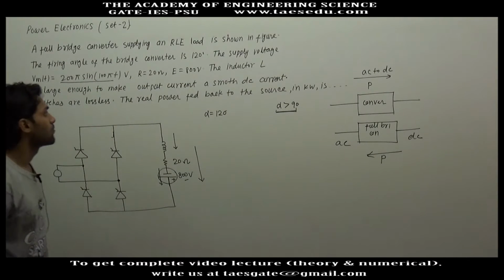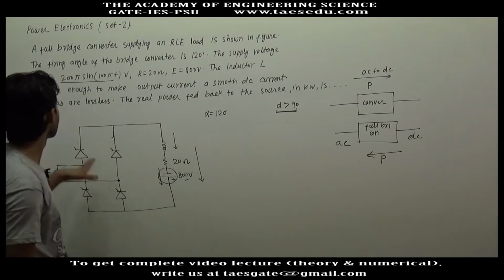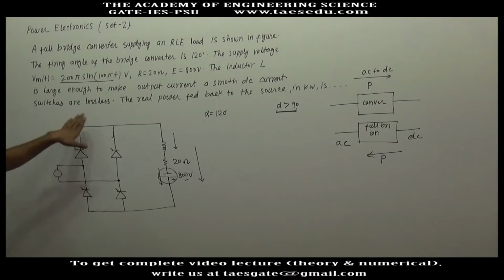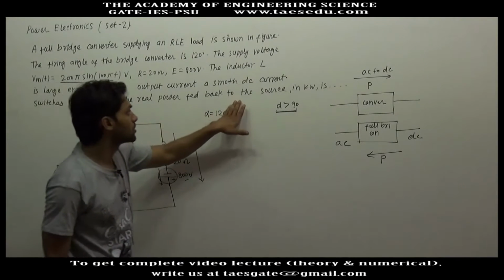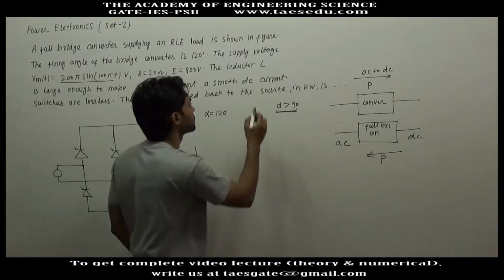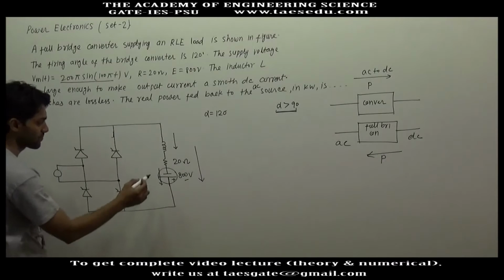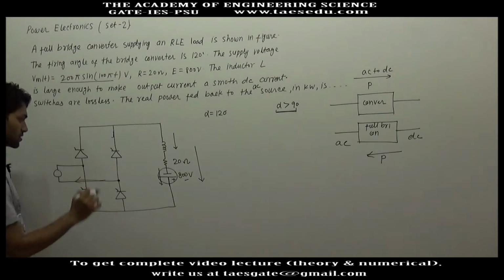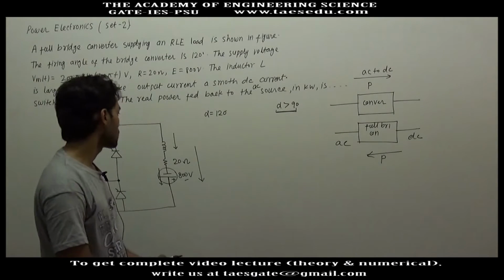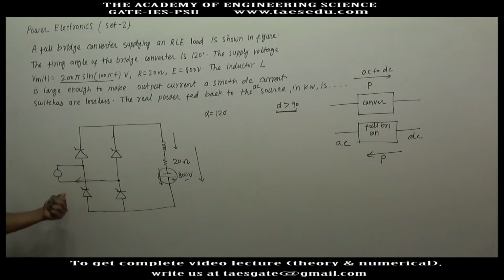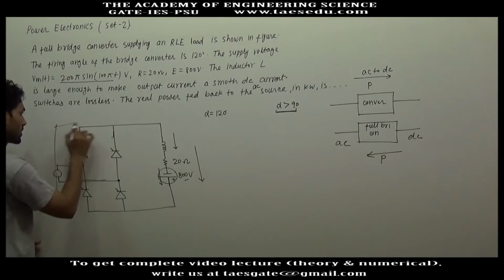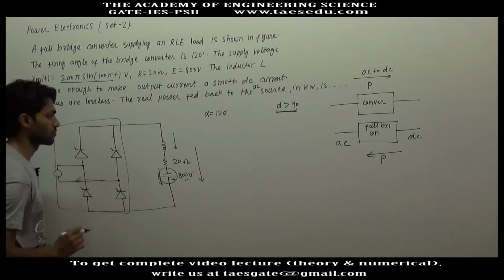Okay, so now we have to find out the real power fed back to the AC source. Here we have the AC source. We have to find out how much real power is fed back to the AC source. So let us first find out the average voltage of this converter circuit, because we have a formula for that.